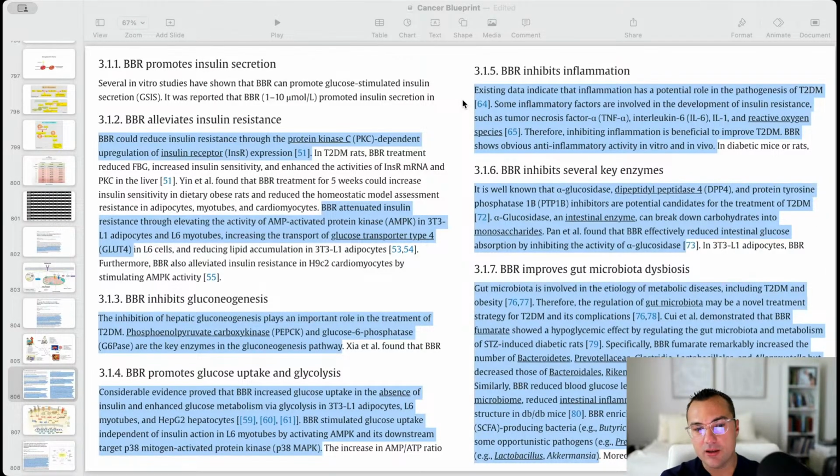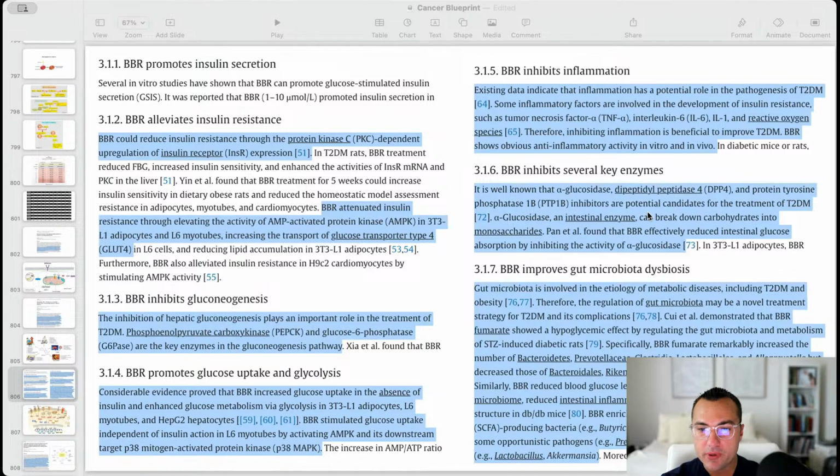So, as you can see, it's not like this is its main function; there are multiple other ways blood glucose is lowered with berberine. But one of the ways it does it is by lowering these inflammatory markers, these inflammatory cytokines and reactive oxygen species. Berberine inhibits key enzymes located in the gut lumen, in the actual small intestine, such as alpha glucosidase, dipeptidyl peptidase 4 (DPP4), and protein tyrosine phosphatase 1B.